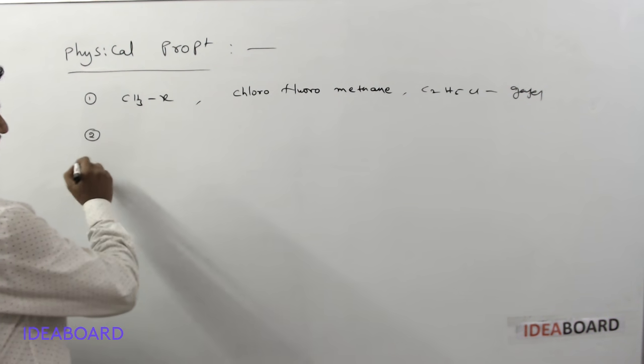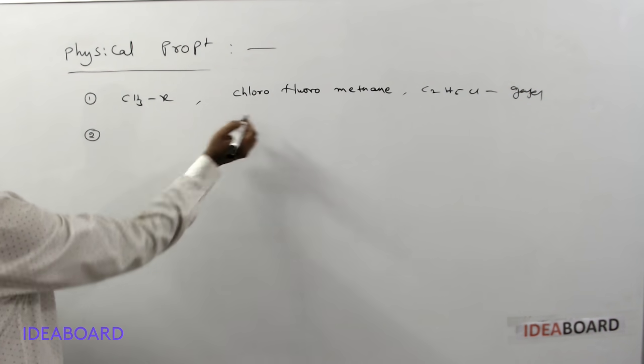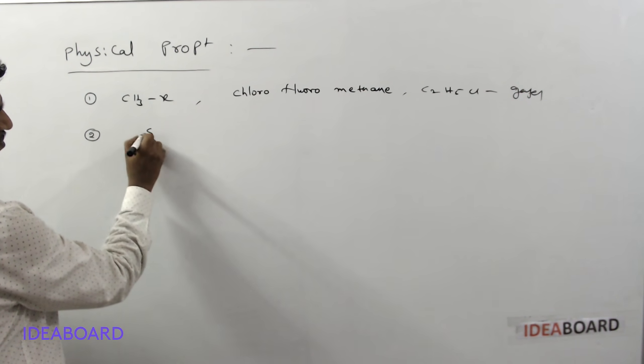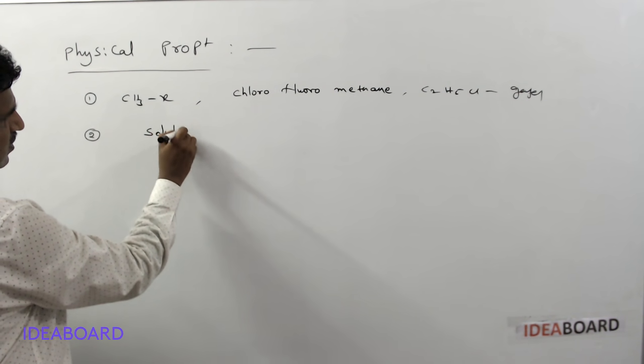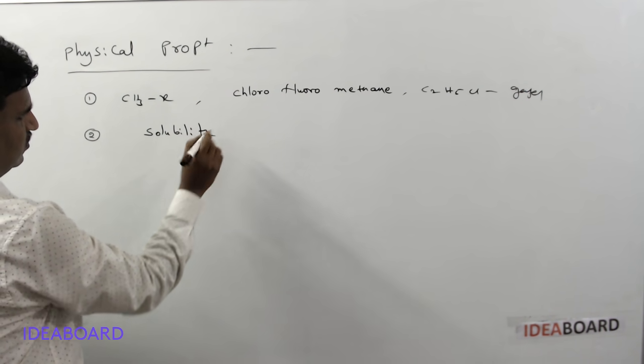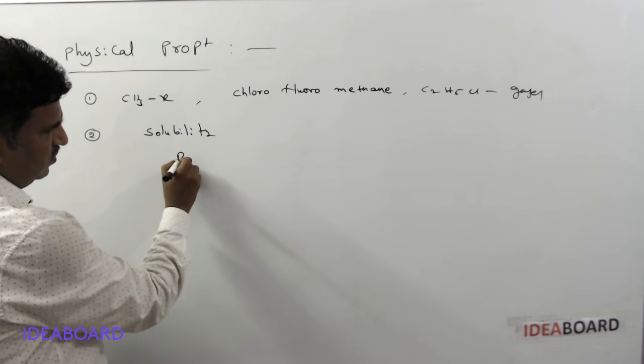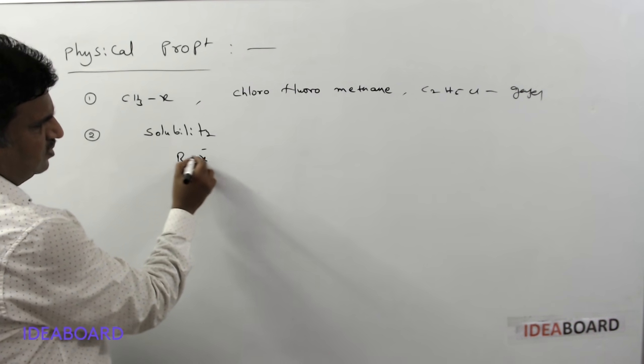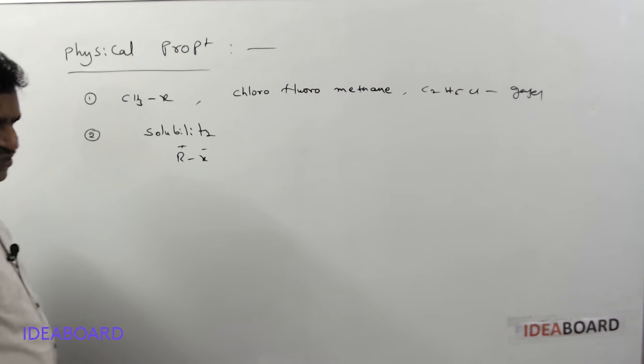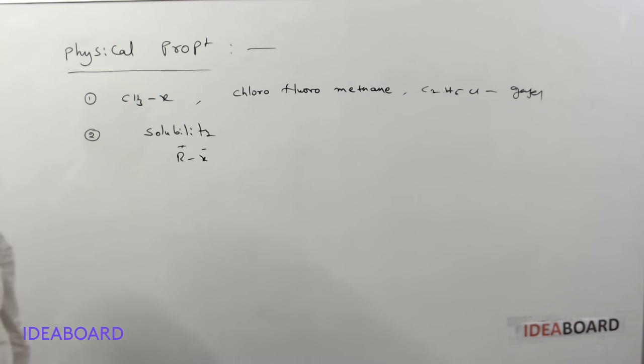Okay, next, second point: solubility. Generally alkyl halides look like polar compounds, R-X with X minus and R plus present, so they look like polar compounds.